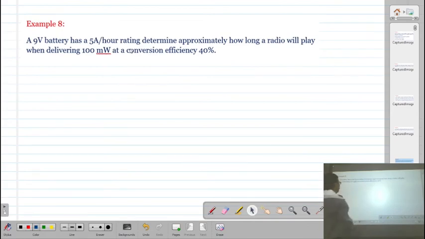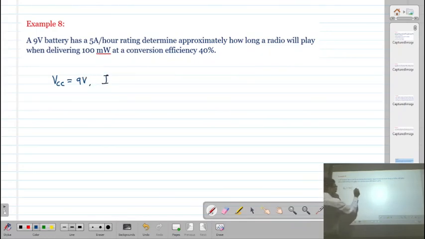The same kind of example is there. A 9-volt battery has a 5 ampere-hour rating. Determine approximately how long a radio will play when delivering 100 milliwatts at a conversion efficiency of 40%. What is given? The DC voltage, VCC, is 9 volts.